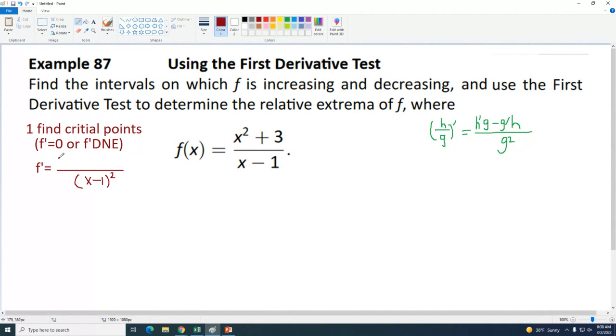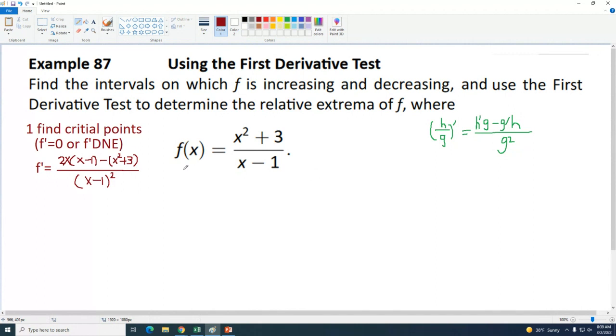The derivative of the numerator is 2x, so we have 2x times the denominator, x minus 1, minus the derivative of the denominator, which is equal to 1, multiplied by the numerator. So applying the quotient rule, we find this is our derivative.